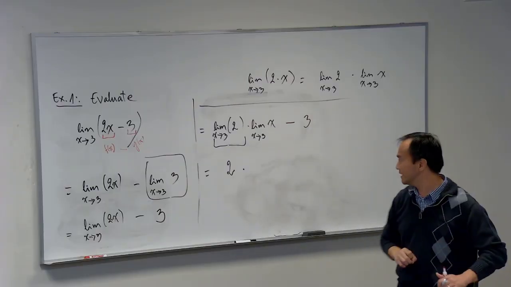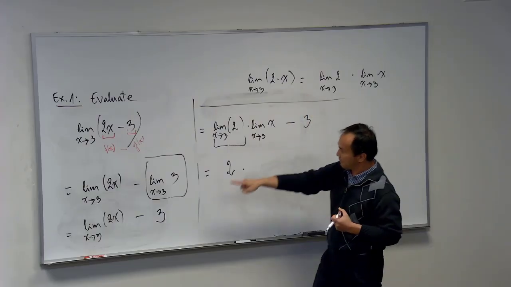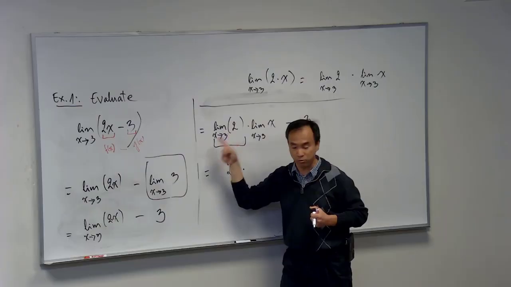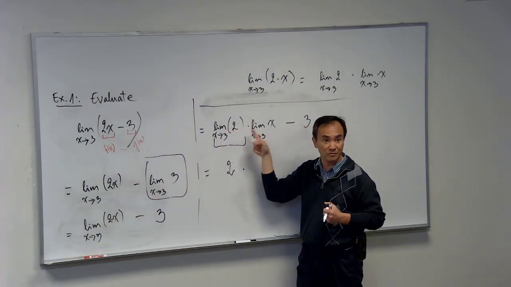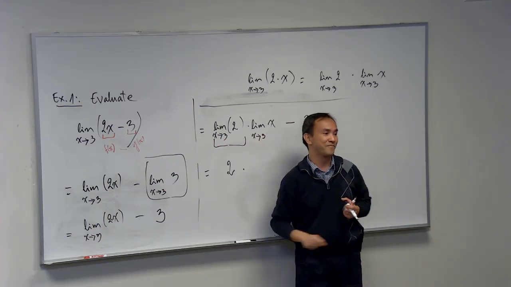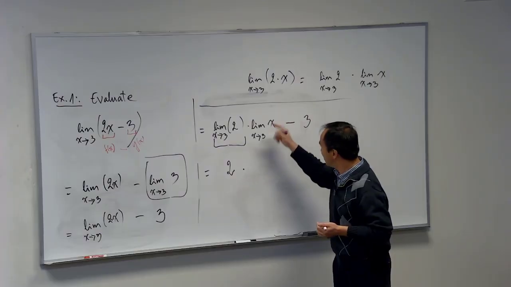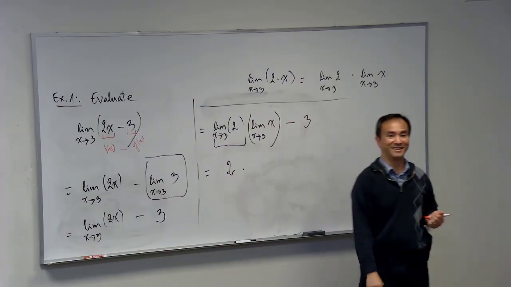The reason we arrived from here to here is that the limit of a product equals the product of the 2 separate limits. That's my argument for that. Now what's the limit of the part in my parentheses?